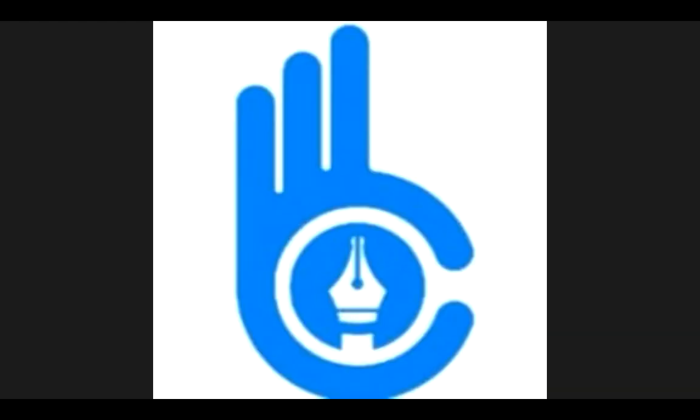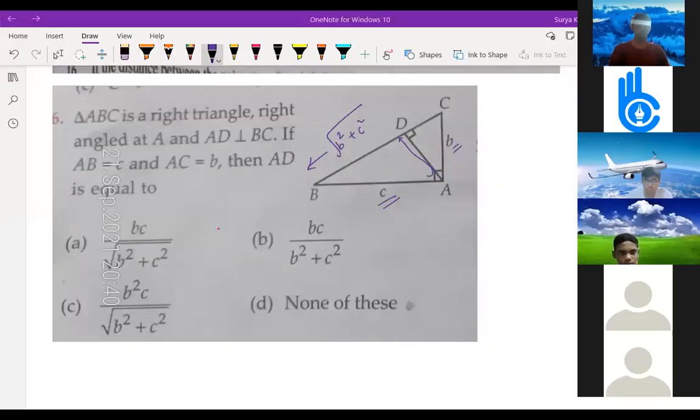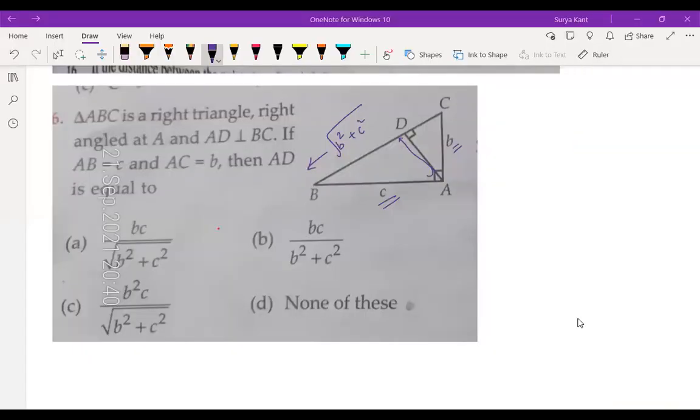It's an easy question, Praharshan. This has trigonometry also, you can use. So ABC is a right angle triangle, right angle at A, and AD is perpendicular to BC. If now see here, this is nothing but this angle you're talking about. So we have to find AD, right?